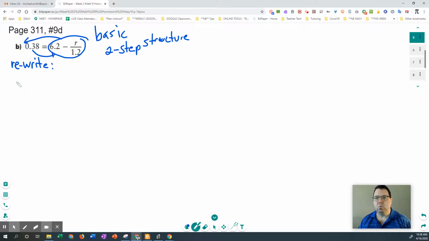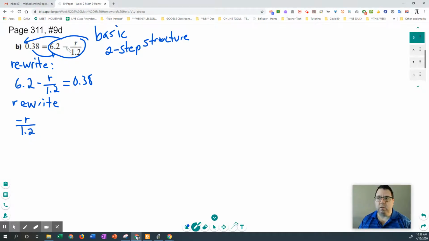So we could say it's 6.2 minus r over 1.2 is equal to 0.38. And I can keep rewriting it if I so desire. In other words, do we want the variable at the front of the equation? Yeah, we could. We could put it as negative r over 1.2.